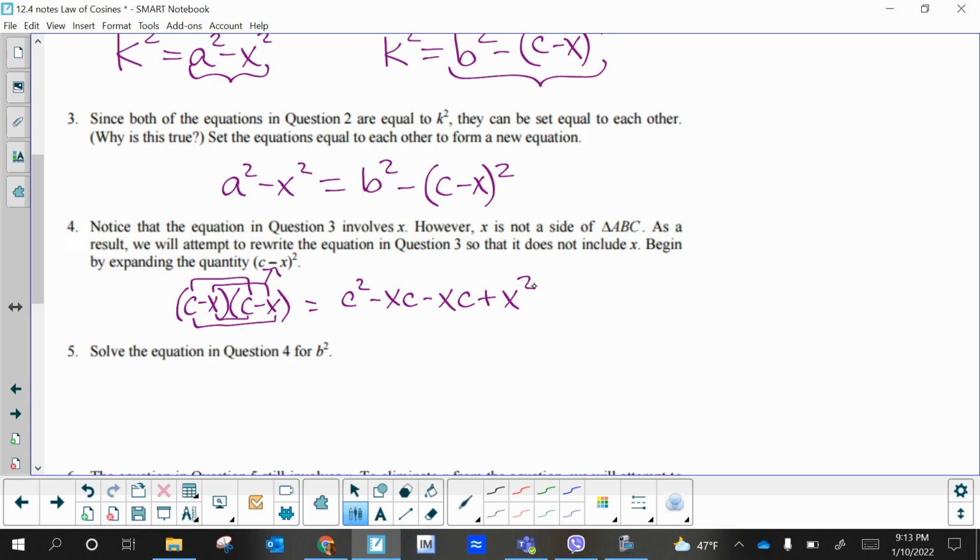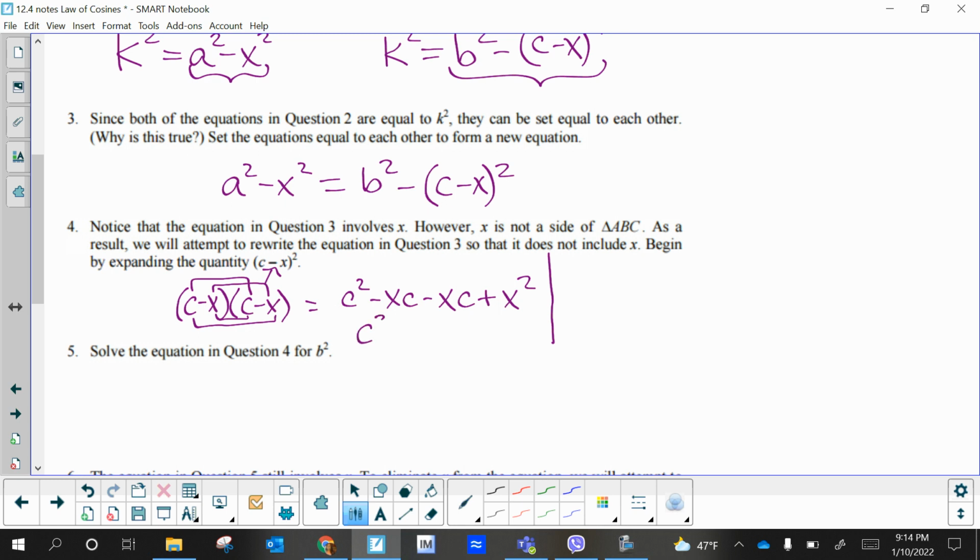Okay, everybody with me? So now what we're going to do is plug that into over here. So here we go. I'm plugging all of this, which let's simplify that right there.